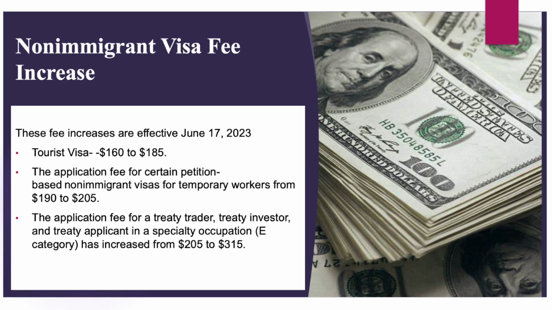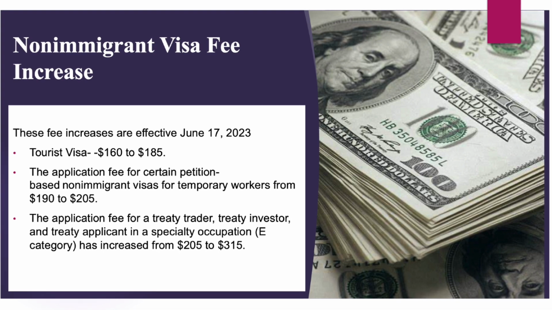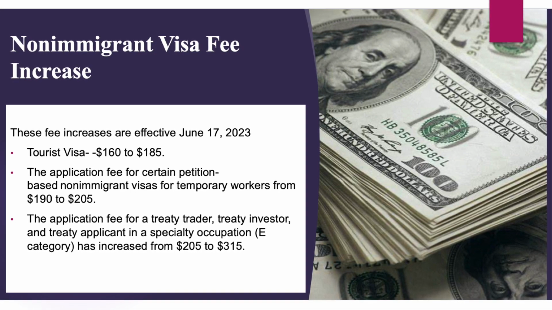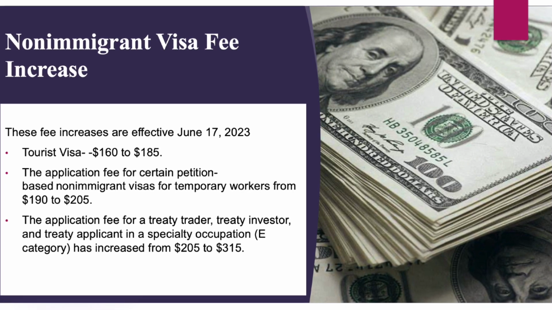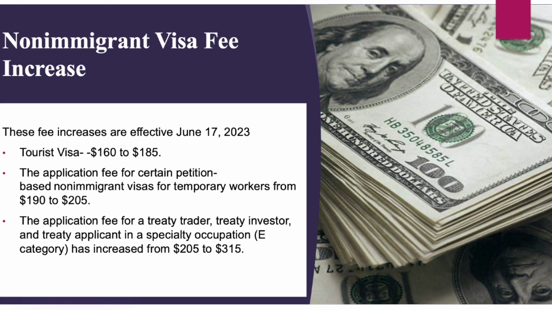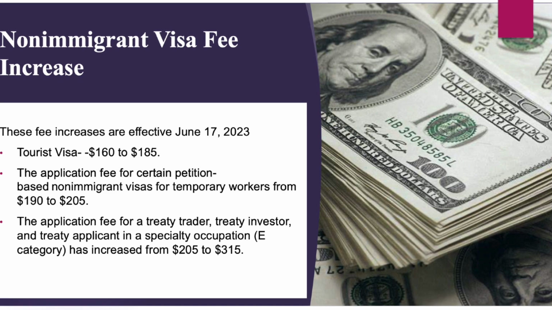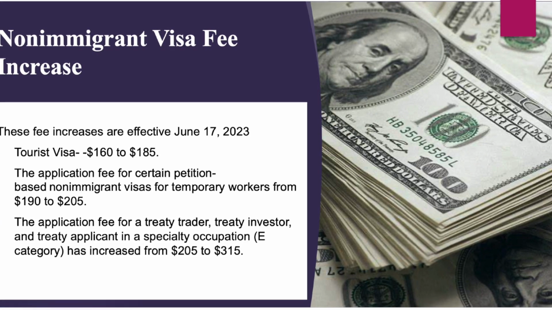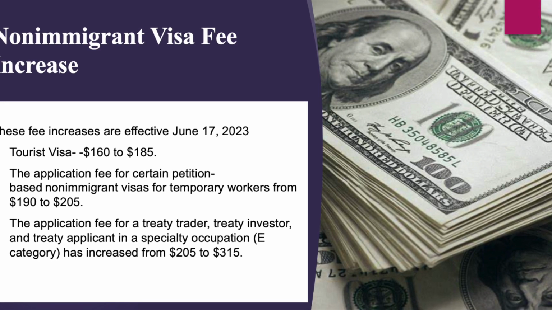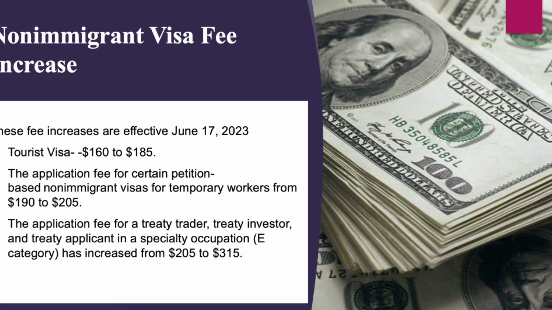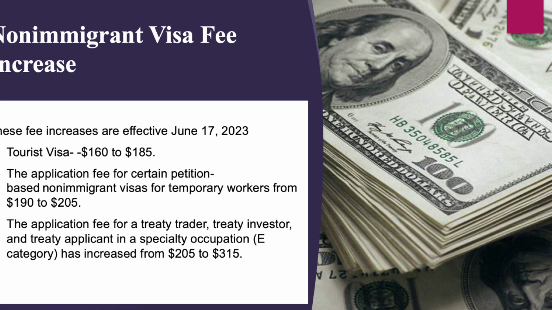It is going from $160 to $185 for a tourist visa. The application fee for certain petition-based non-immigrant visas for temporary workers goes from $190 to $205, and the application fee for treaty trader, treaty investor, and treaty applicant in a specialty occupation for E category has increased from $205 to $315.